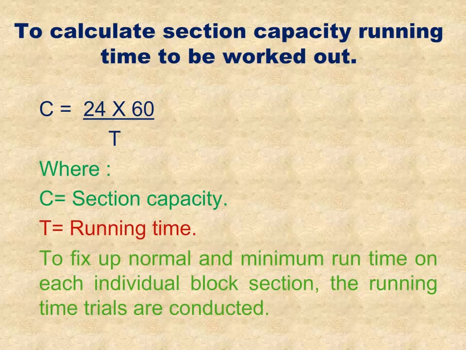To calculate section capacity, running time has to be worked out. C is equal to 24 multiplied by 60 divided by T, where C is equal to section capacity and T is equal to running time.